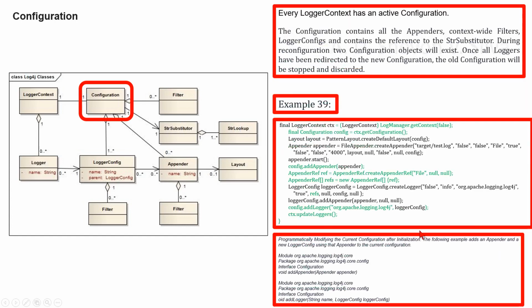Now we are considering programmatically modifying the current configuration after initialization. Applications sometimes have the need to customize logging separate from the actual configuration. Here you can see the interface Configuration, and the method void addAppender in interface Configuration in package org.apache.logging.log4j.core.config in module org.apache.logging.log4j.core.